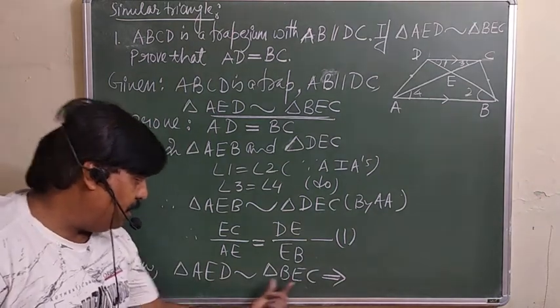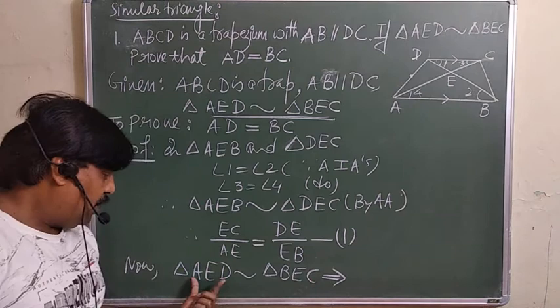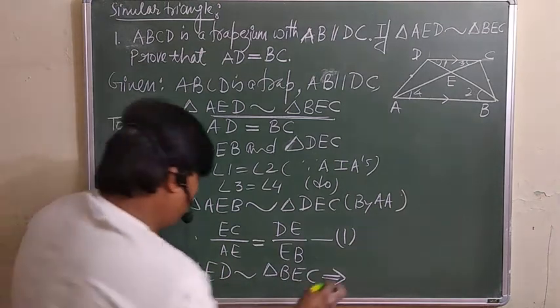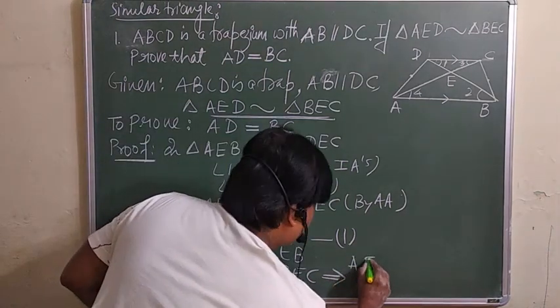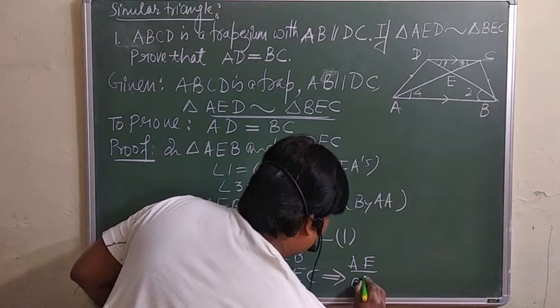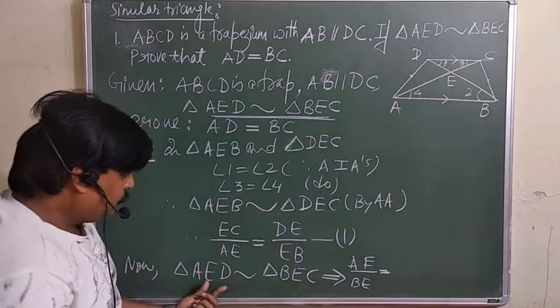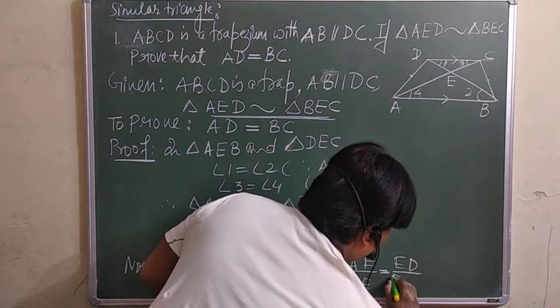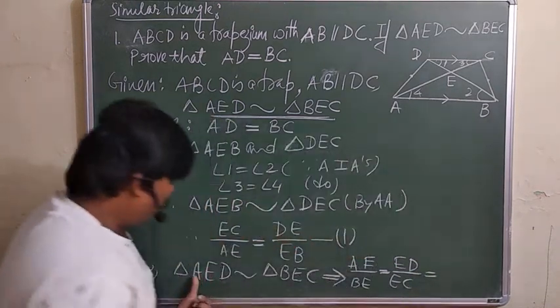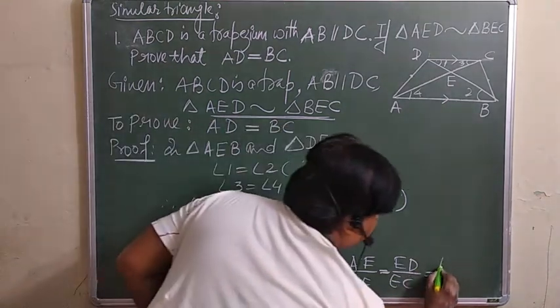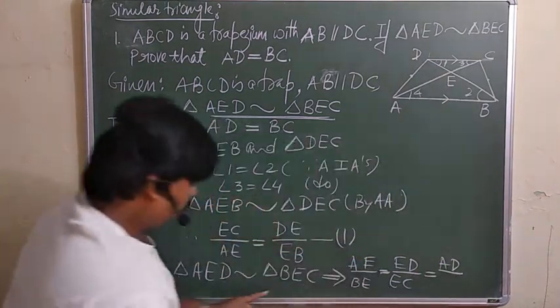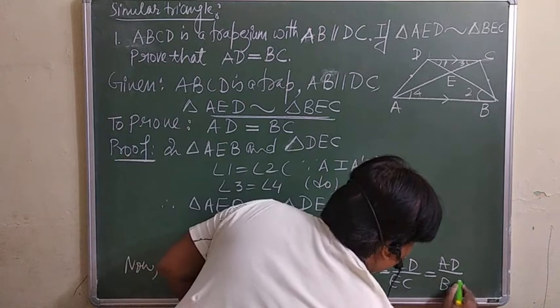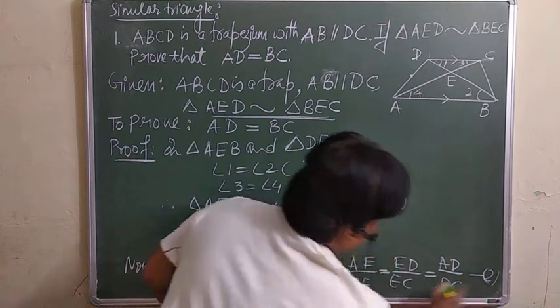AE over BE, ED over EC, AD over BC will be equal. So AE over BE is equal to ED over EC, and ED over EC is equal to, first and last, AD over BC. This is your equation 2.